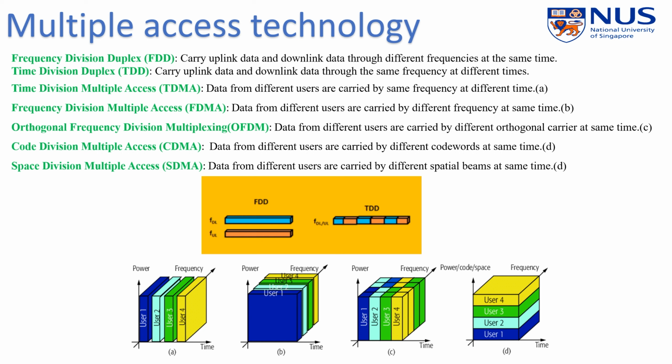And the last two are CDMA and SDMA. For CDMA, the data from different users are carried by different code words at the same time. And SDMA means the data from different users are carried by different spatial beams at the same time.